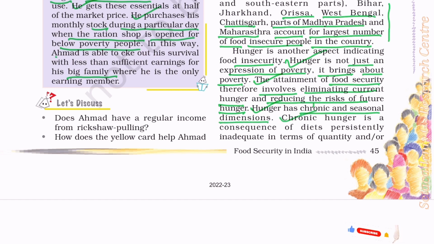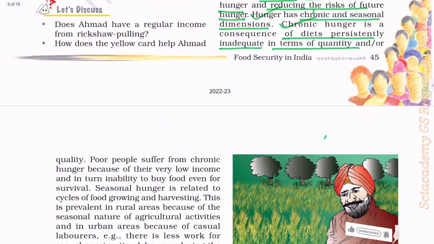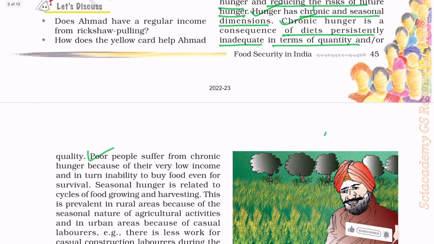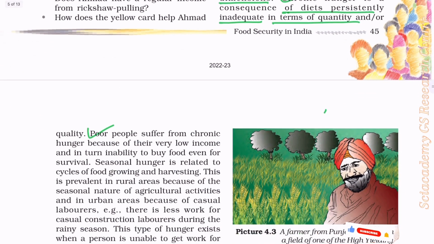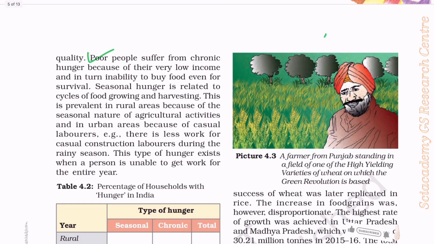Chronic hunger is a consequence of diets persistently inadequate in terms of quantity and or quality. Poor people suffer from chronic hunger because of their very low income and in turn inability to buy food even for survival.